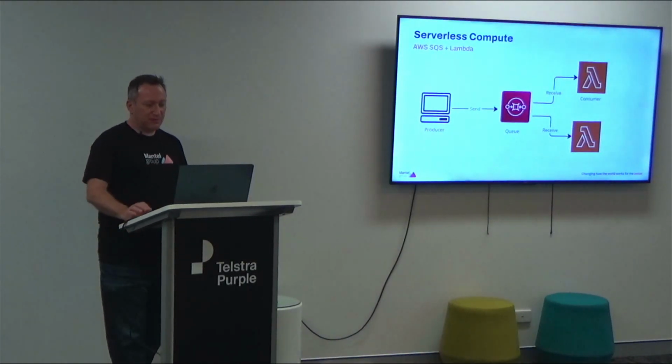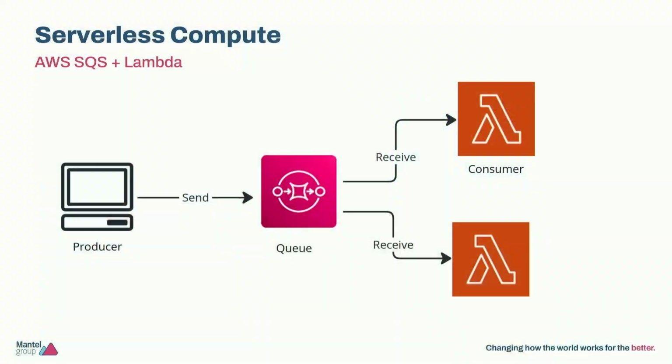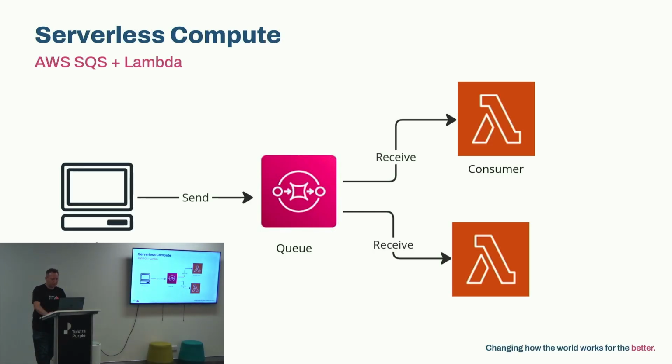And on Amazon, the same thing would be SQS. You drop a message in SQS, you start up Lambdas, and so again, you've got completely scalable compute to deal with your message queue and message throughput.